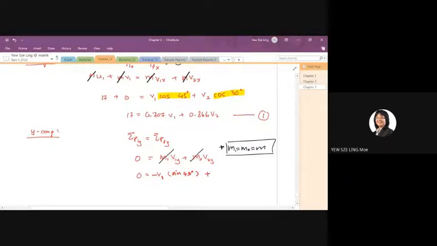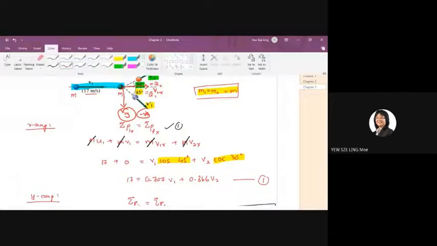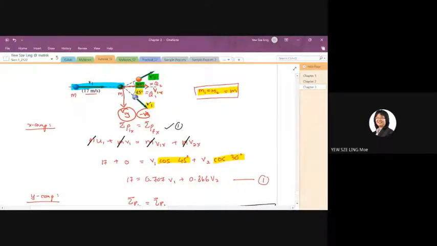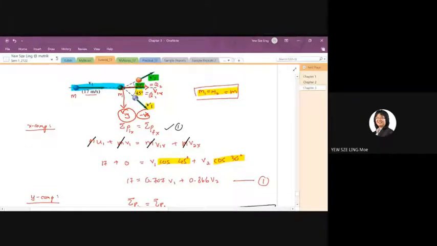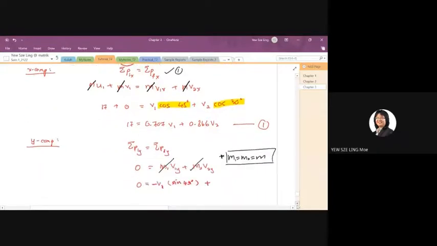So plus, okay, now I don't know whether I want to add a positive value or a negative value. Let me go back to the diagram. If you resolve V2, you get V2x along the x component, and then you get V2y towards the positive direction. So in that case, my V2y is a positive value.